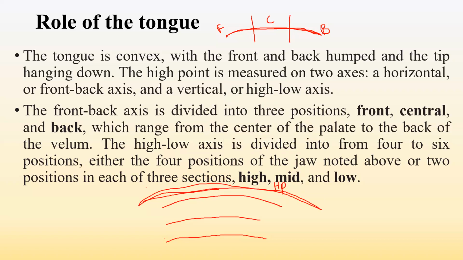When we produce some other vowel sounds, the tongue lies quite down inside the mouth. In some other situations, the tongue occupies a central position inside the mouth, neither high nor low. So these 3 positions are named high position, mid position, and low position.